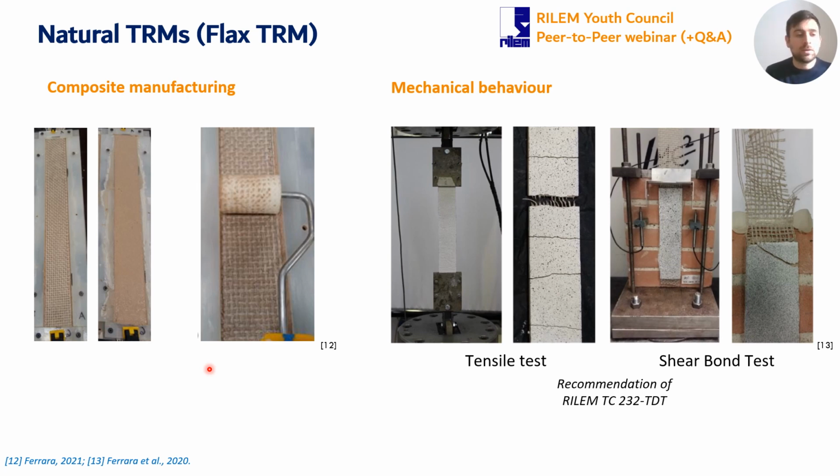For this reason, I strongly recommend to stretch the textile as much as possible and to press it by means of a roll, for instance, as shown in this picture, in order to guarantee the penetration of the textile within the matrix during the casting. The typical tests that we run for mechanical behavior are the tensile test and the shear bond test that are explained in detail in a recommendation of RILEM TC232.